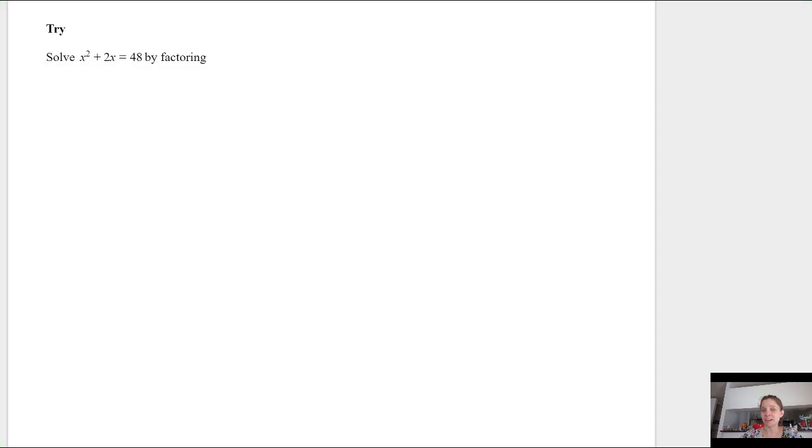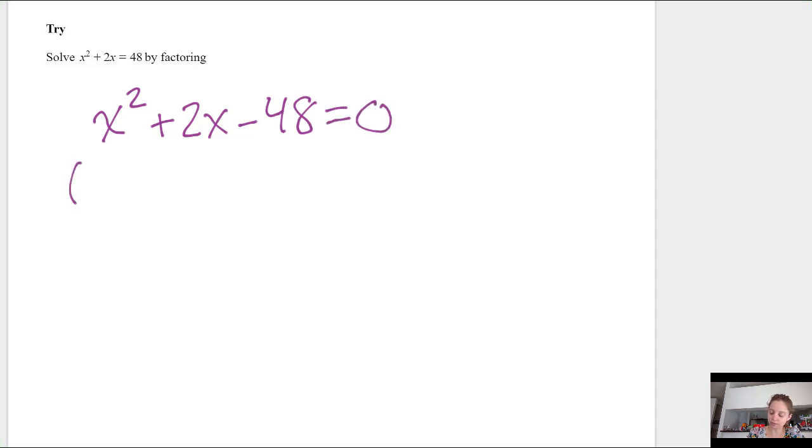In order to solve by factoring, I need to set one side equal to 0. So it gives me x squared plus 2x minus 48 equals 0. Now I can factor the left side, equals 0, two numbers that multiply to -48 and add to +2: +8 and negative 6.